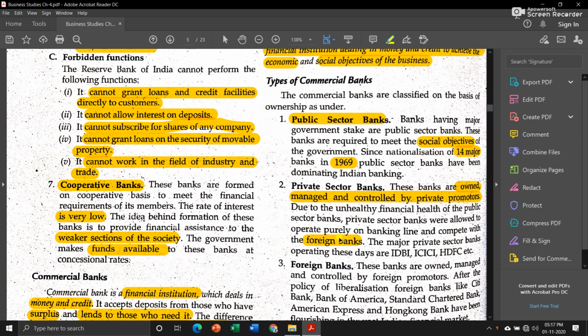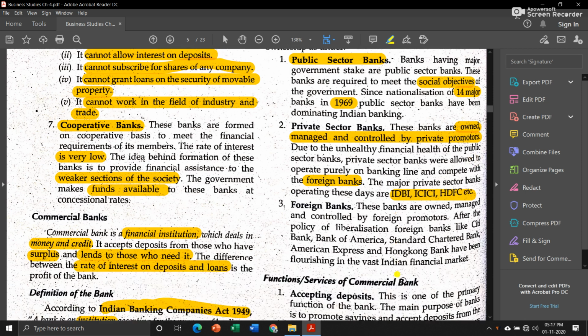That is the reason these private sector banks were introduced, and since then they have been given the responsibility of competing with the foreign banks. The major private sector banks are IDBI, ICICI, HDFC, etc., or you can say Axis Bank as well.